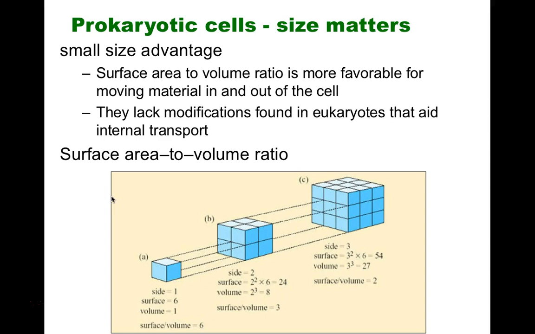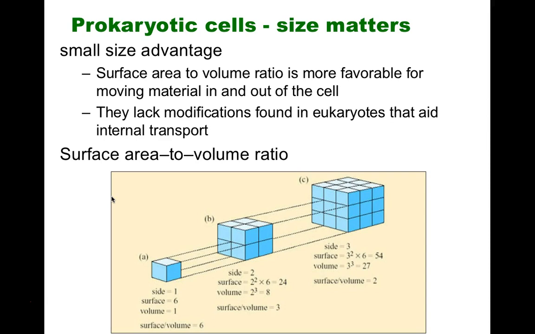For prokaryotic cells, size does matter. The small size is an advantage because smaller cells have a higher surface area to volume ratio, which is illustrated in this cartoon drawing on the bottom of the slide. Notice that when you increase the size of the cell, the surface area to volume ratio decreases, which means it's more difficult for materials and food to get transported into the cell and reach the center of the cell.